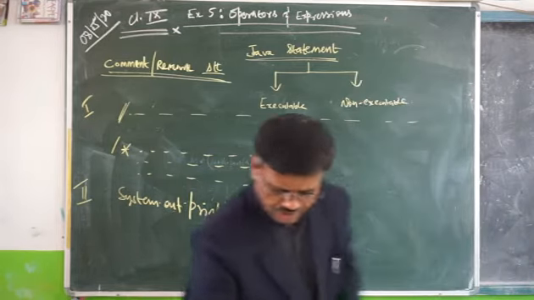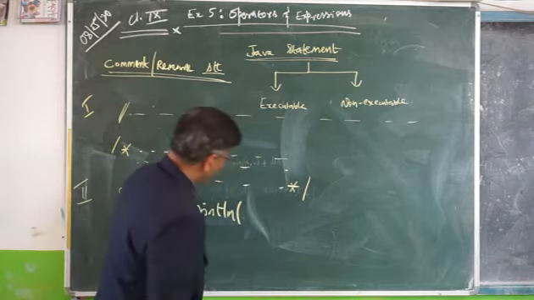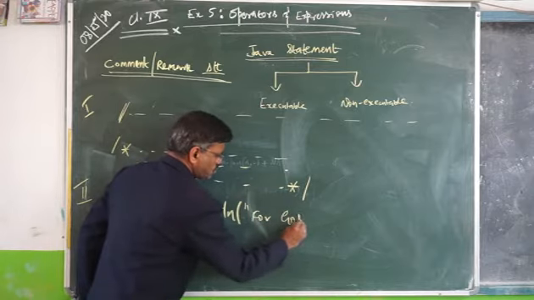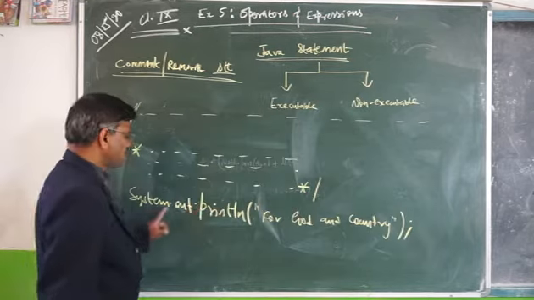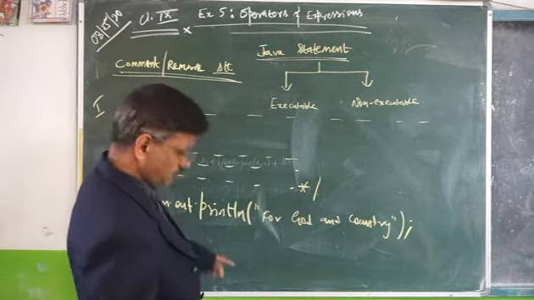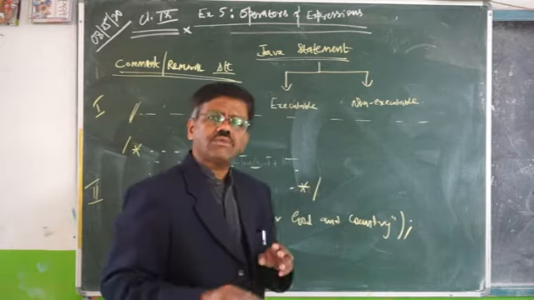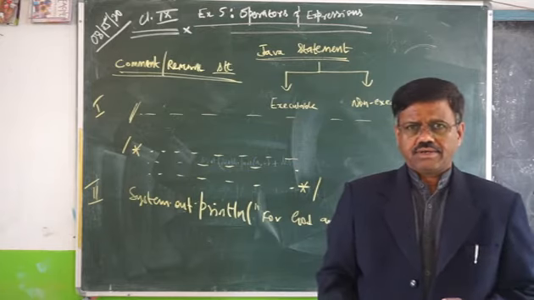For example, here I go. What do you do? System.out.println. What I did is, within the parenthesis, whatever you give within double quotation marks will be displayed as it is.